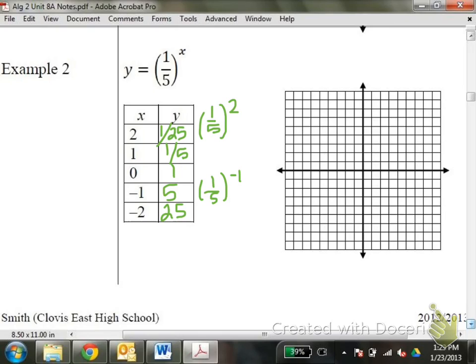So when I graph this, 2 and 1 over 25. So that's going to be positive 2. 1 over 25 is really close to the axis. 1 and 1/5 is also really close, but a little bit higher up. 0, 1. Negative 1 and 5. So negative 1, 1, 2, 3, 4, 5 right here.